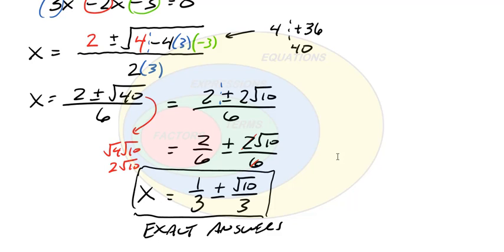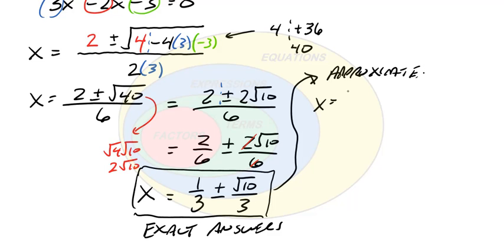But we can approximate these answers too. So I'm just going to take these up here and we'll approximate with our calculator. So one of the answers, x equals 1/3 plus square root of 10 over 3. And then the other answer would be x equals 1/3 minus the square root of 10 over 3.